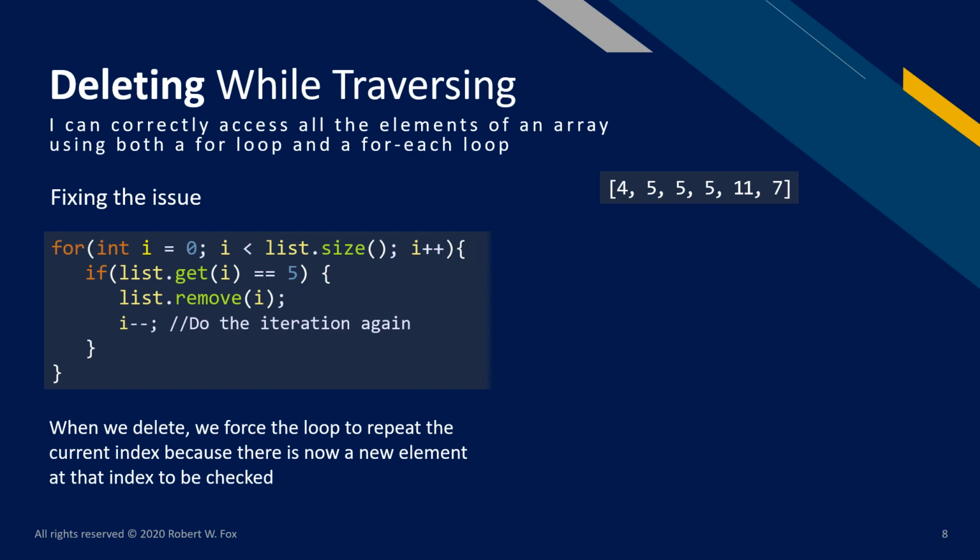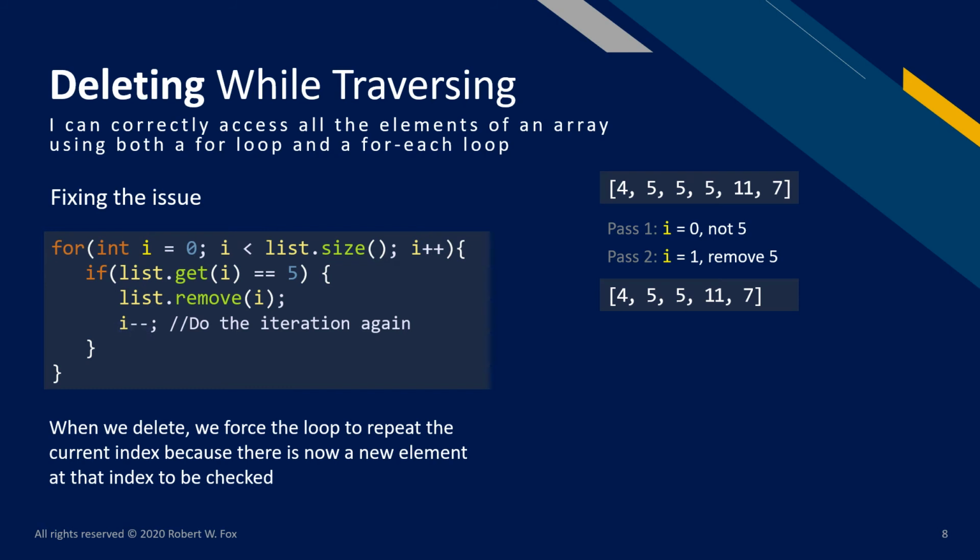So again, I've got my original array list at the top right, and on pass 1, we know that the first element is not a 5, so we keep going. We go to pass 2. For pass 2 of the loop, i equals 1, this element is a 5, so we remove it like such. But remember, after we remove, we are going to say i--.